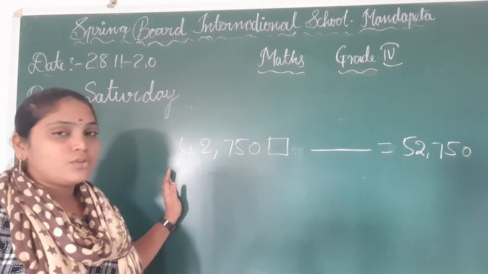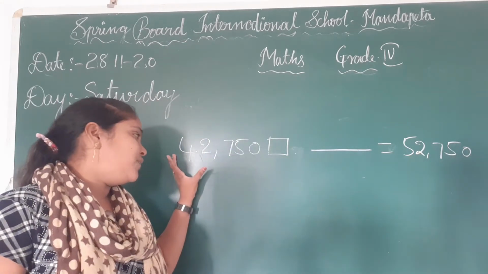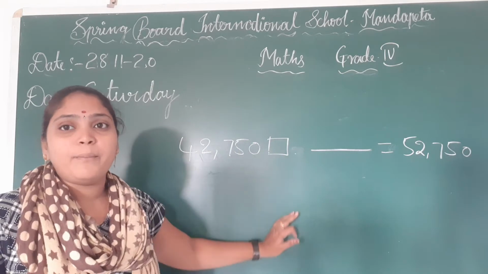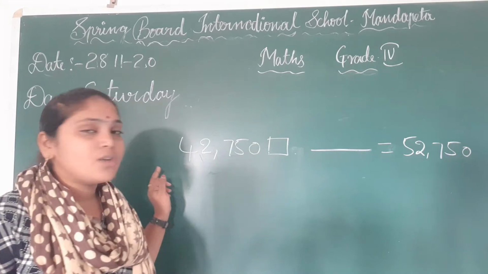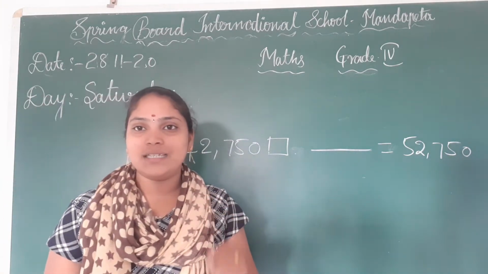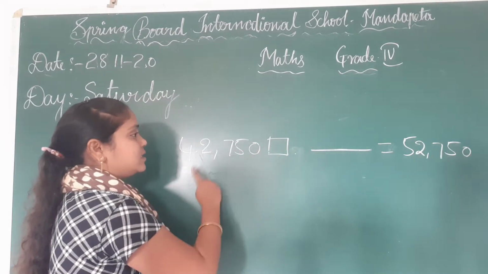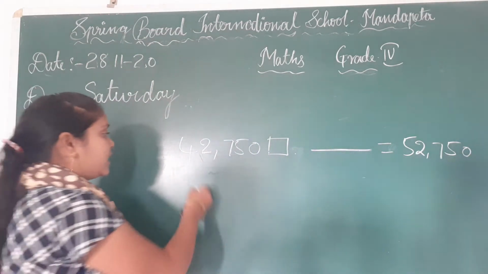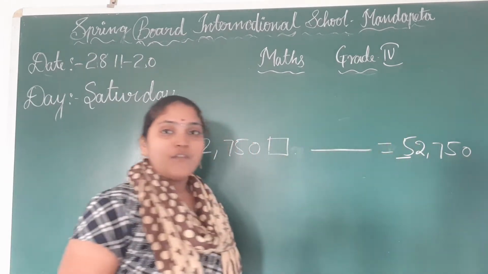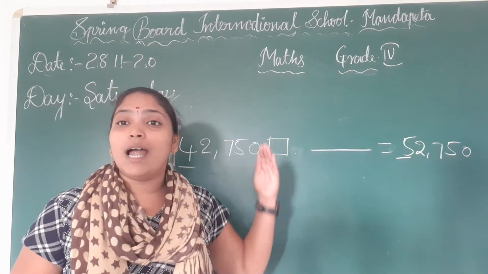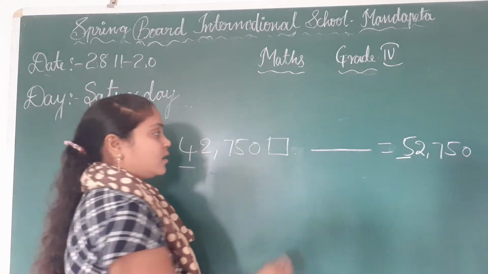First you have to check which place of the digit has changed. Here the number is given, the operation is not given, and the answer is given. Ones place same, tens same, hundreds same, thousands same. Coming to the 10,000s place, here 4 is there, and here 5 is there, means it has changed.